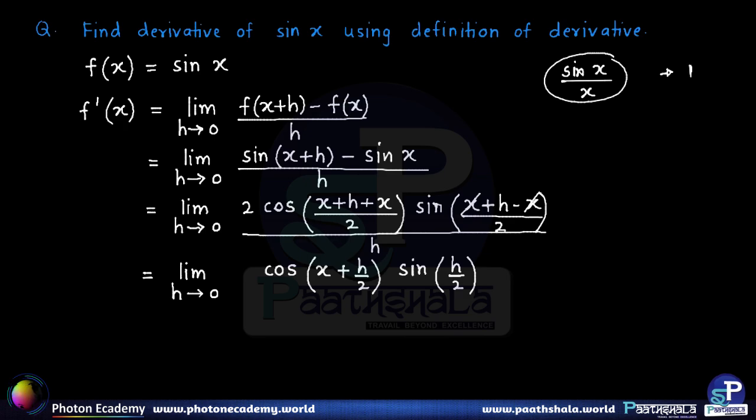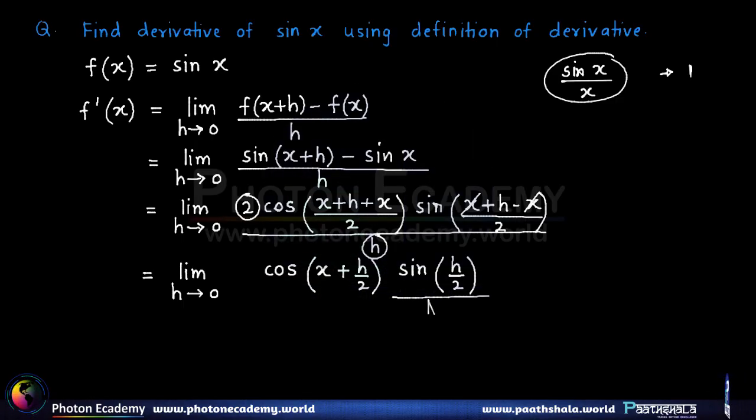So we try to adjust that particular denominator. If you observe, there is 2 here and there is h here. So in the denominator we write h upon 2, so that the angle which is present in the sine is exactly adjusted in the denominator.